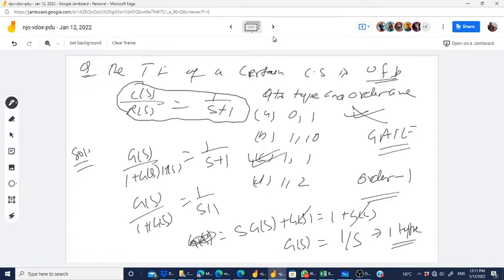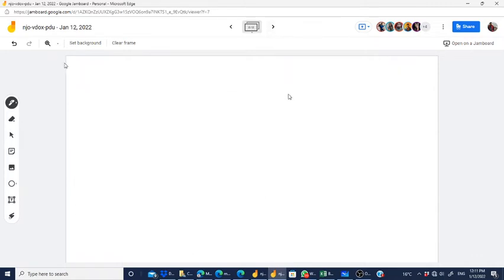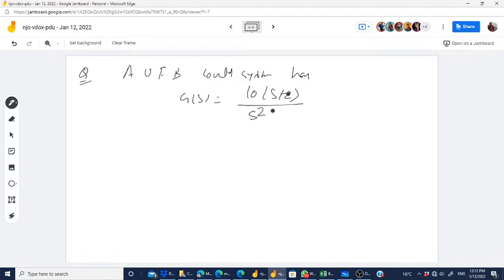Okay. So next question, on the basis of this you can solve a unity feedback control system. As I assume that you will give the answer of this question in the correct way, G(s) is equals to 10 (s plus 2) divided by s square (s plus 5). Now comment on its type and order.